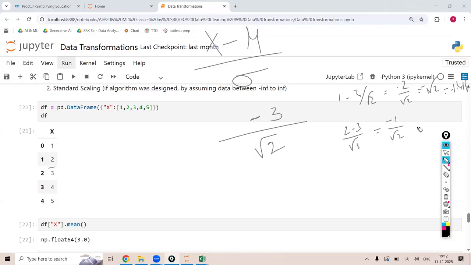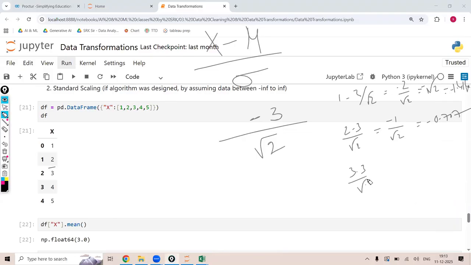Minus 1 by square root of 2 is minus 0.707, exactly half of the above number. Next, 3 minus 3 divided by square root of 2, which is 0 by square root of 2, which is 0.